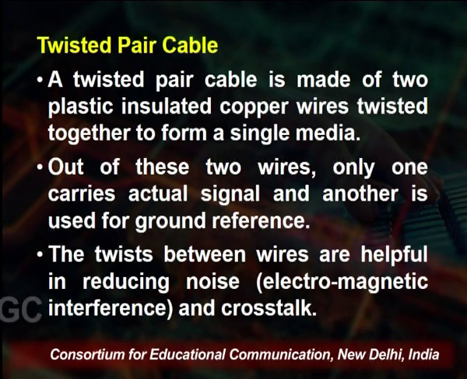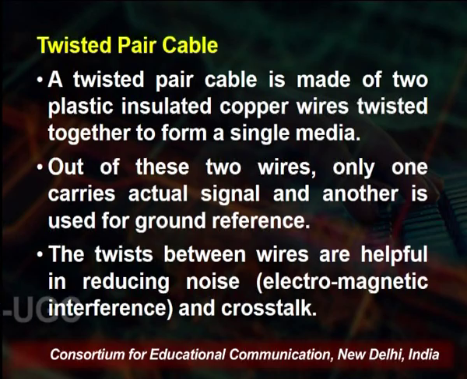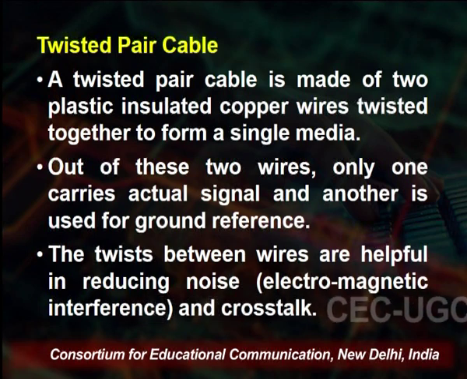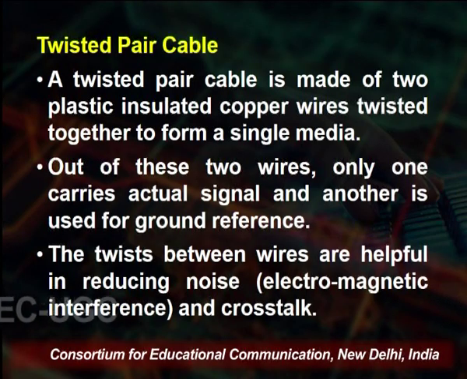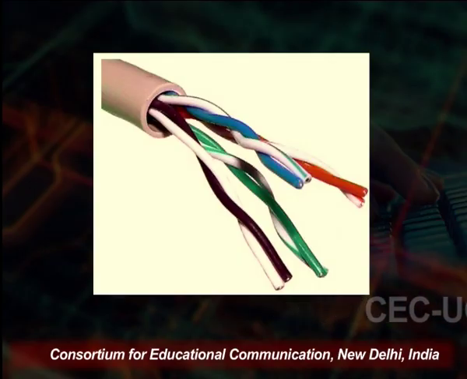And why are they twisted, as the name twisted pair cable indicates? The twist between the wires helps in reducing the noise, which is in the form of electromagnetic interference and crosstalk.